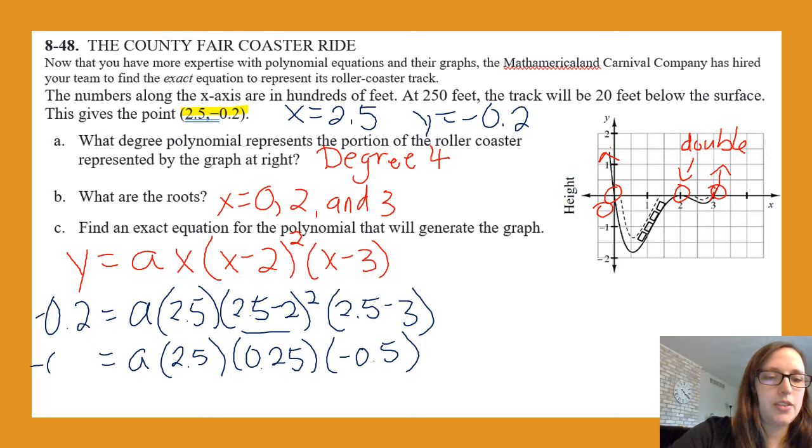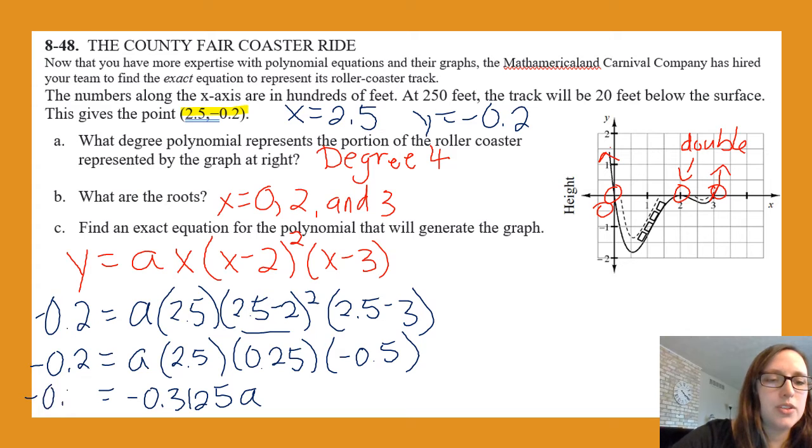Still got the a in the front and the negative 0.2 that equals. Multiply all that out and you would get negative 0.3125a equals negative 0.2. Remember that decimal number is still a number, so we just divide on both sides to get a by itself.